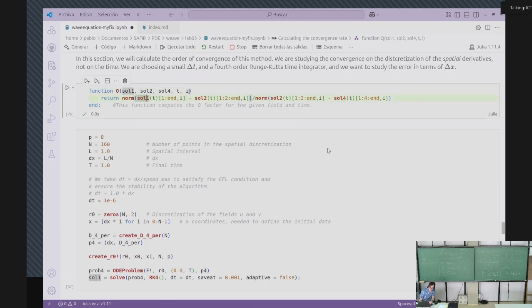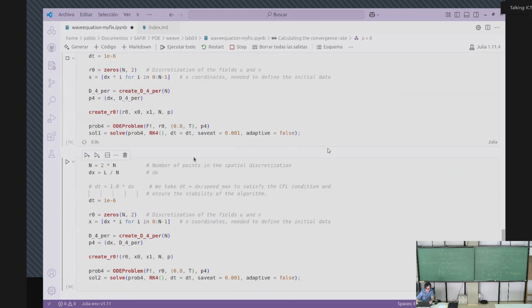And we are doing again the whole solution minus the whole solution, and taking the L2 norm here to see the convergence rate, because we actually have to calculate this convergence rate using a specific norm, and in this case it is the L2 norm. Other methods of solving may have certain convergence rates over different norms.